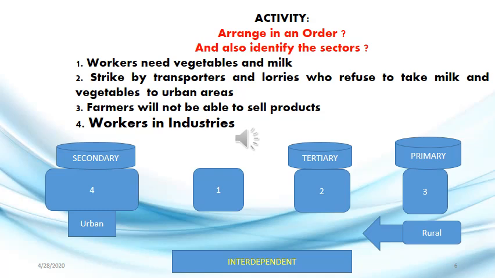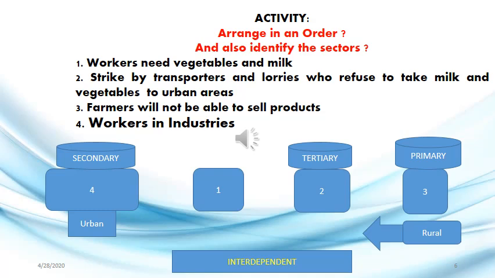So, the tertiary sector's strike is disturbing the other 2 sectors. Because of the strike now, primary activities are blocked and industrial activities are not getting enough support from the primary or rural area. And this clearly tells us and informs us that if anything goes wrong in one sector, it will disturb the other 2 sectors.